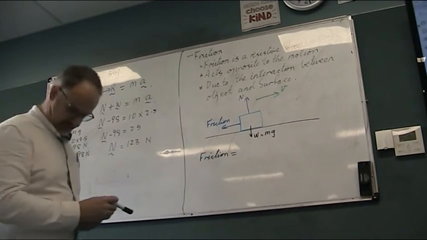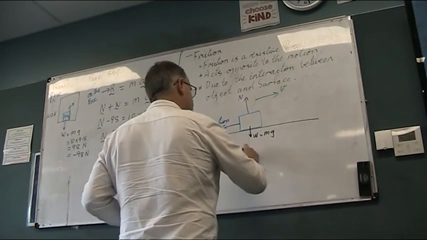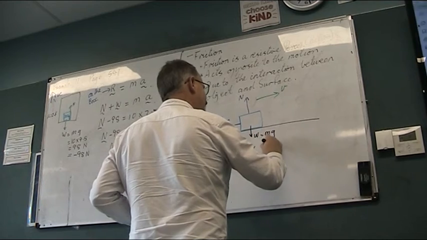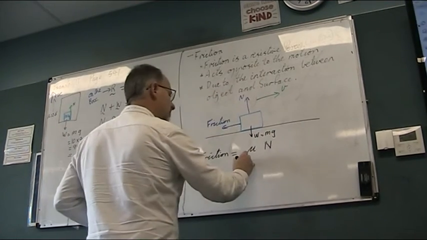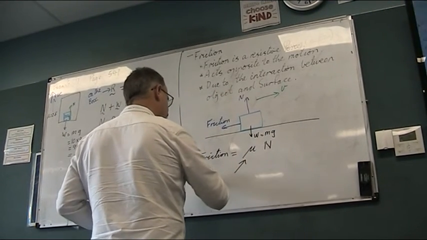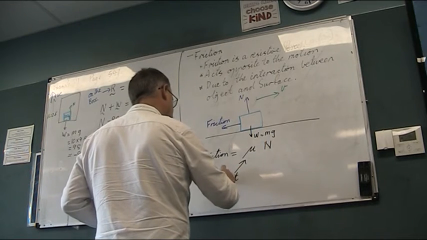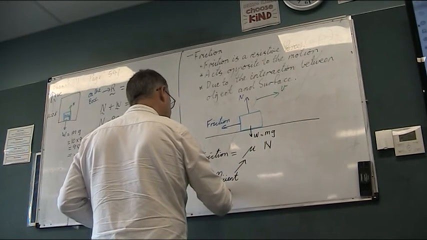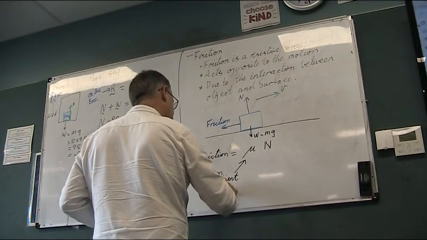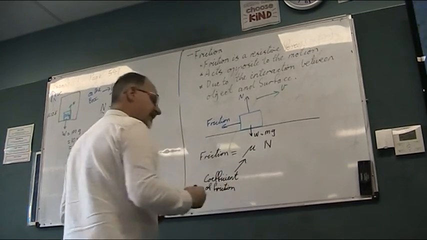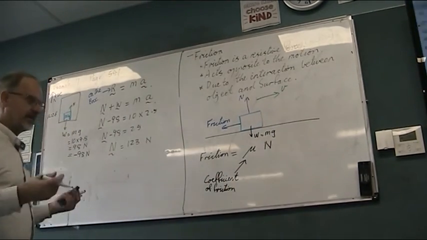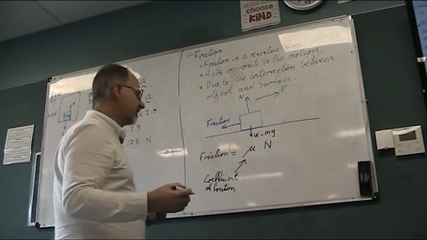So friction is equal to mu N, where mu is what's called the coefficient of friction. And so that's about the two surfaces, whether they're both smooth, both rough, whatever.